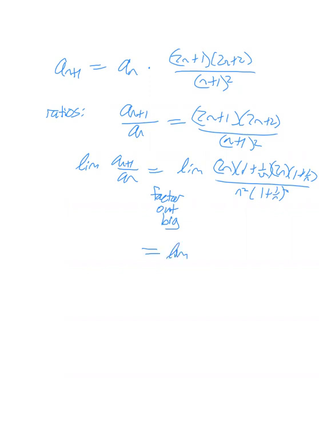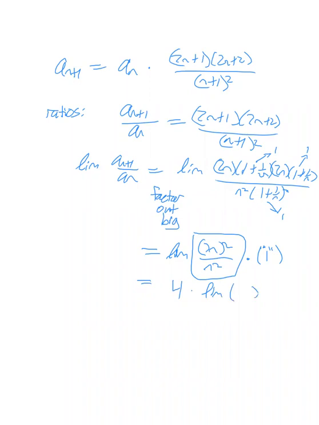So this is the limit of 2n squared divided by n squared times 1. You can all tell that all these go to 1. This goes to 1. This goes to 1. This goes to 1. So all we need to do is just think about the big stuff. And the big stuff is just 4. So that's 4 times the limit of other stuff.